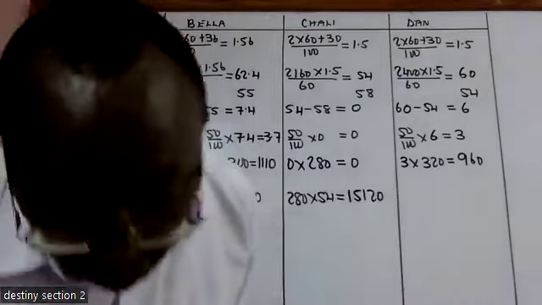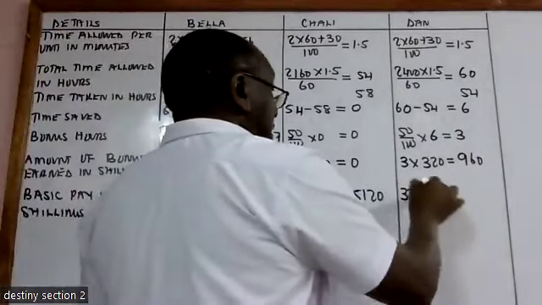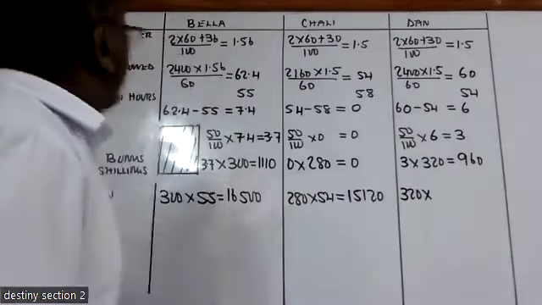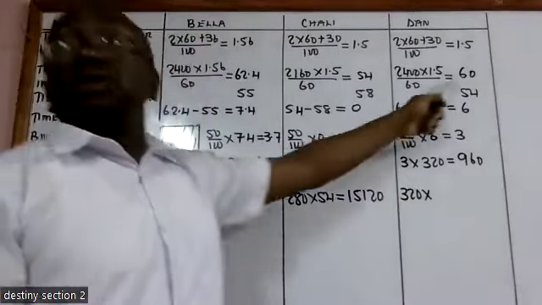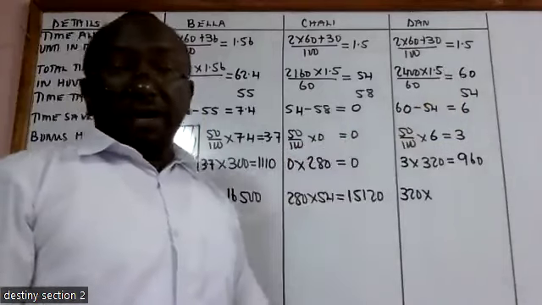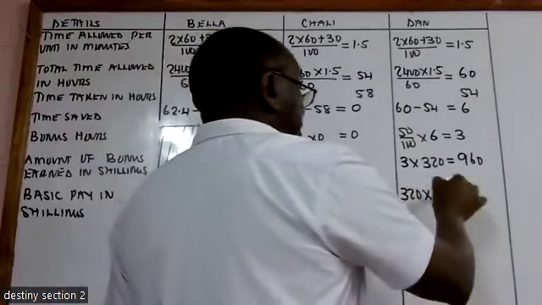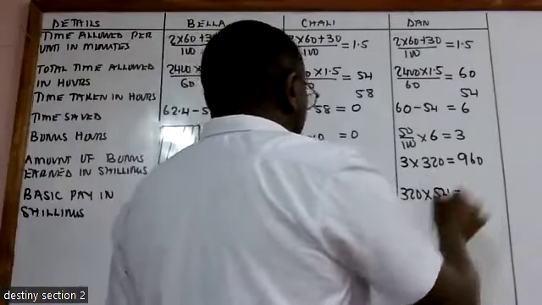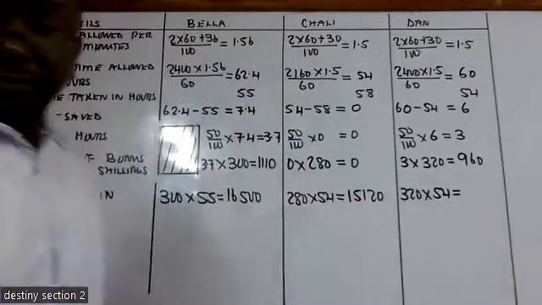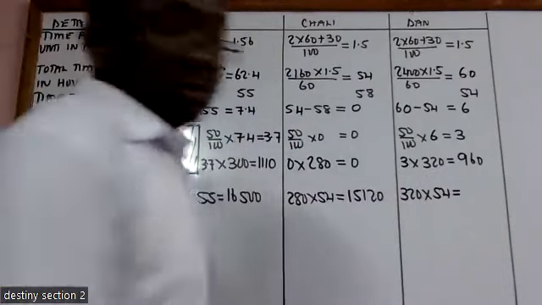Done, rate yake ni 320. And alikuwa amekubaliwa achape 60 hours. But he took 54 hours. So you multiply by 54, the time taken. $17,280.